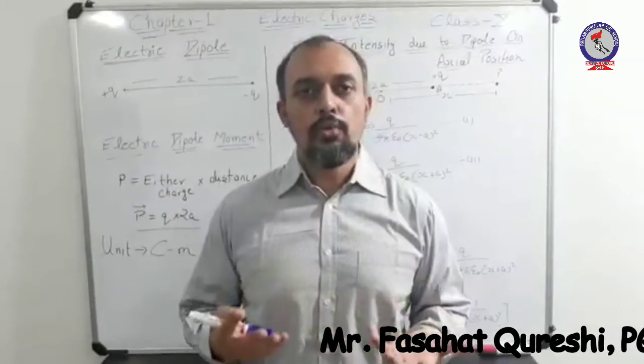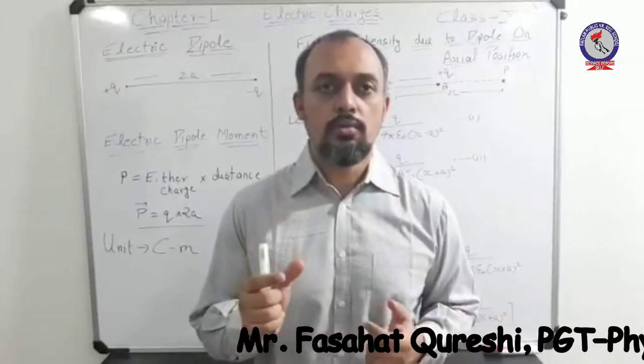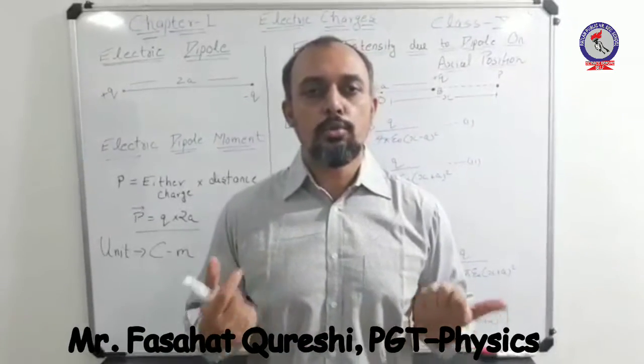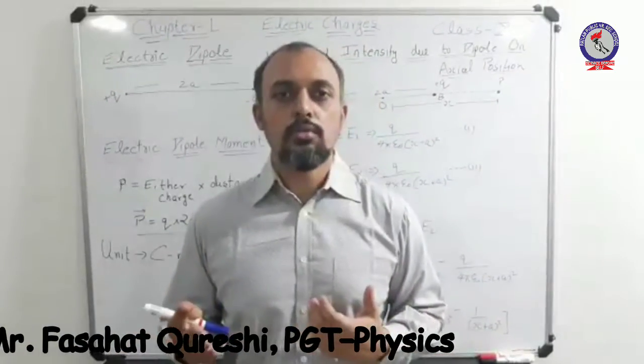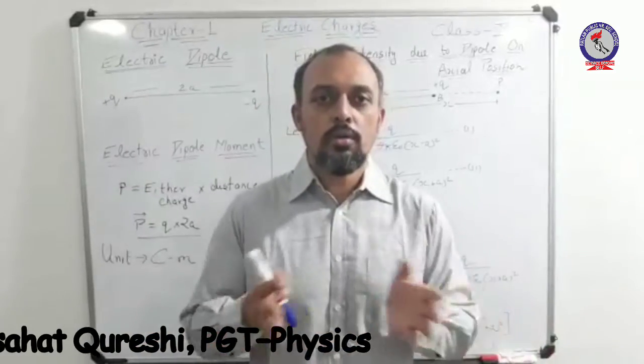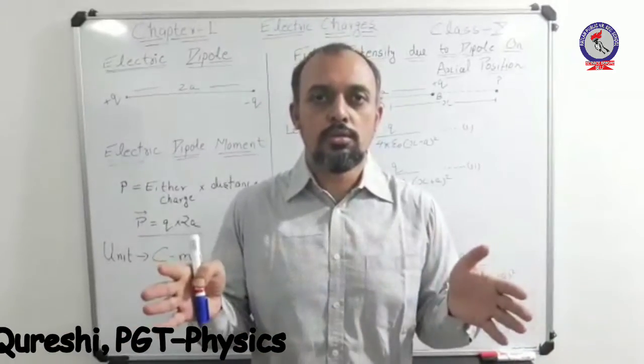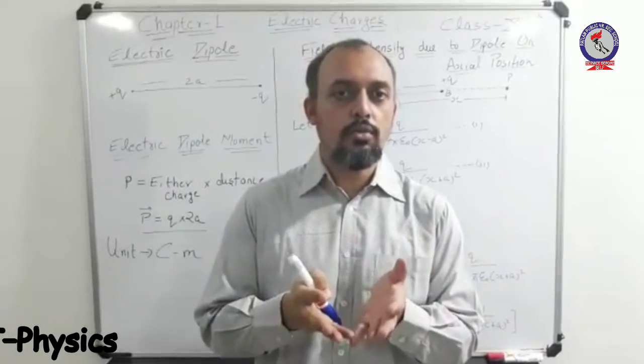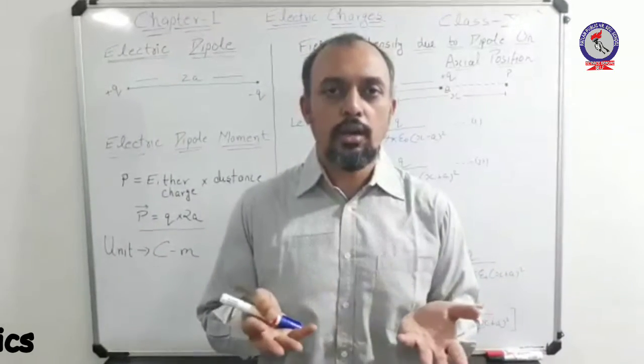Now, if you arrange two charges which have equal magnitude but opposite sign, that is opposite polarity, one should be positive and another should be negative, separated by a very small distance. The combination of such charges makes an electric dipole.